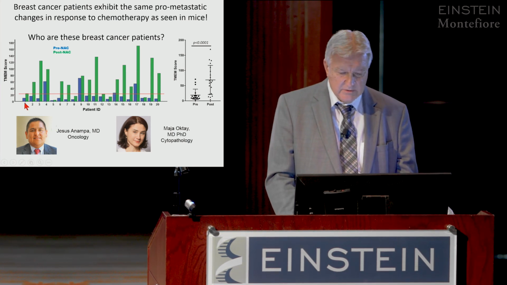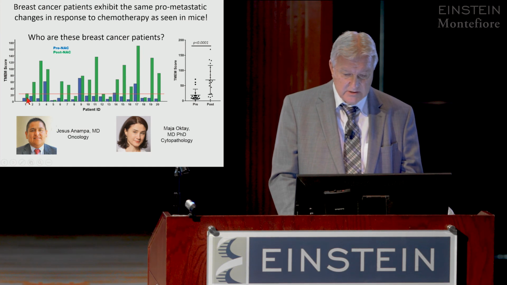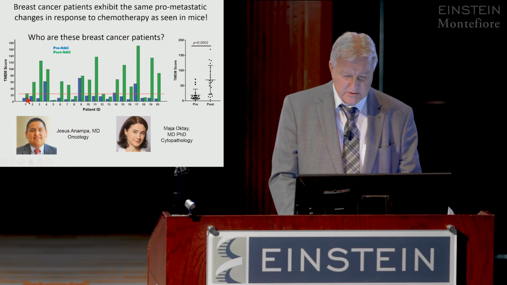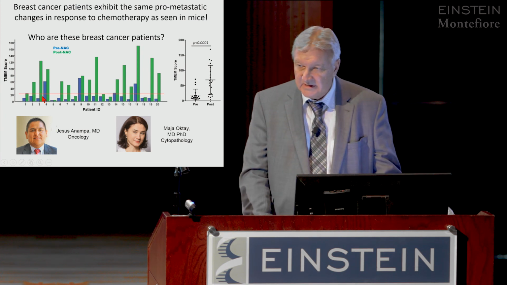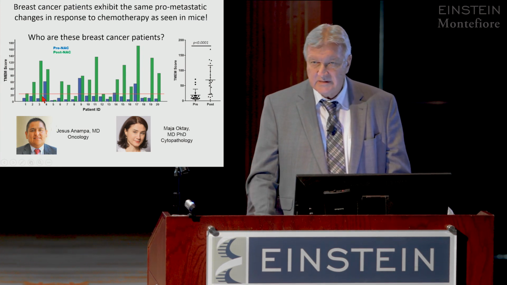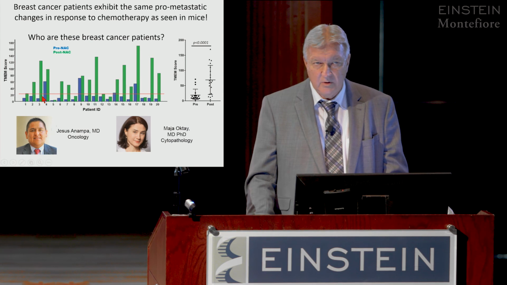And we looked at individual patients. So this patient, it got a little bit worse, but you're still okay. Look at this one. Before and after chemo, blue to green. Look at this one, before and after chemo. Some of these patients are being significantly harmed by standard neoadjuvant chemotherapy.